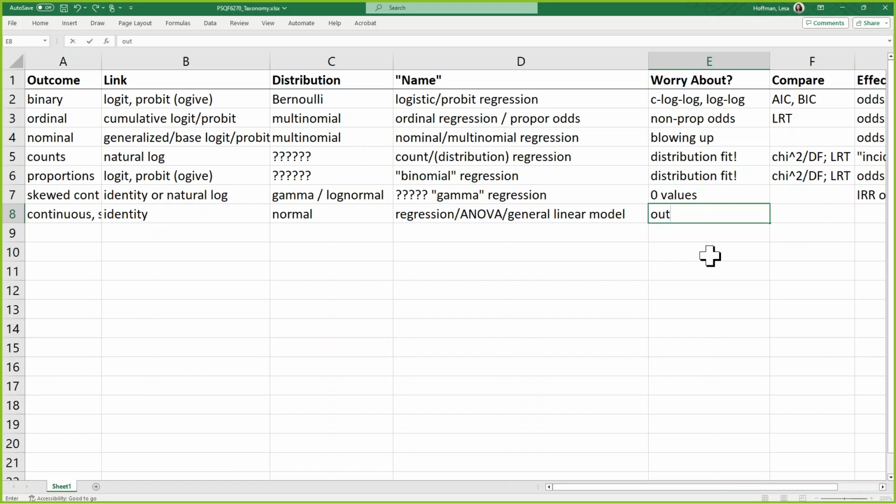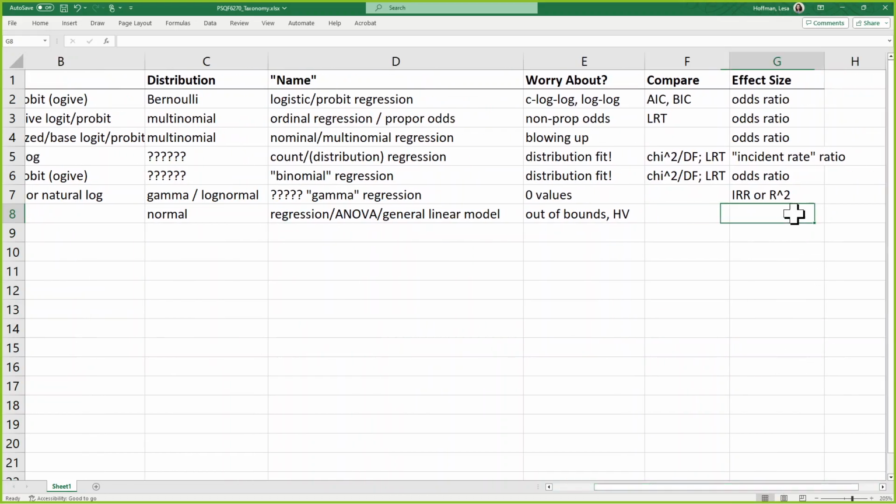I would say predictions going out of bounds. I would also say heterogeneity of variance. That's not going to fit. How about HV for short? And in terms of things we would do, we don't typically do anything to compare alternative models. If it's not normal, it becomes part of something else. And effect sizes, we could say R-square type things in that column as well.